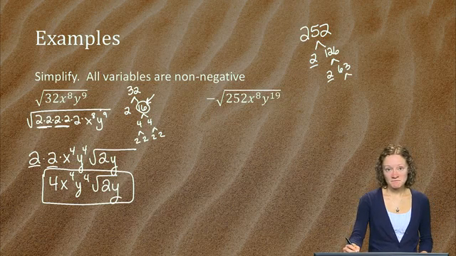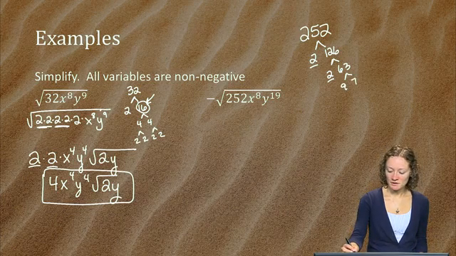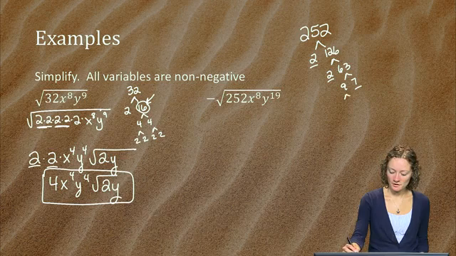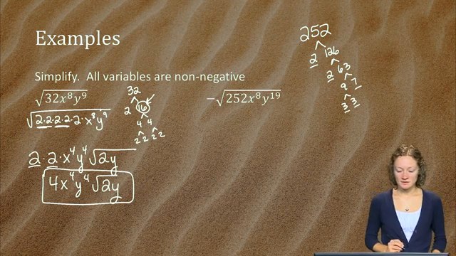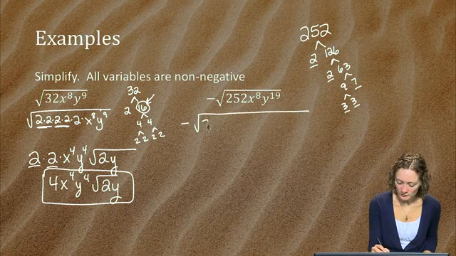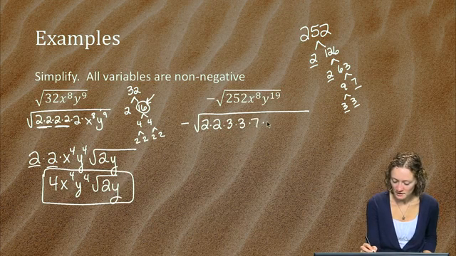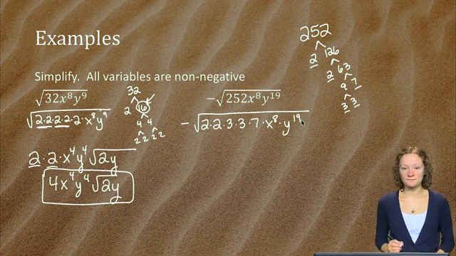Then the 63, a lot of different things could jump out at you. 9 times 7 jumps out at me. 7 can't go any further. And this 9 goes down to 3 times 3. So, to be clear, we have 2 times 2 times 3 times 3 times 7 times x to the 8th, y to the 19th.